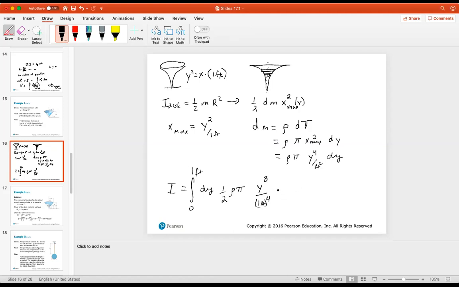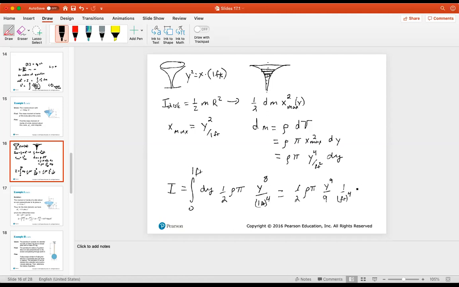Whew. So now I do that integral, and that's going to give me 1/2 rho times pi times y to the 9th over 9, and I have 1 over feet to the 4th.